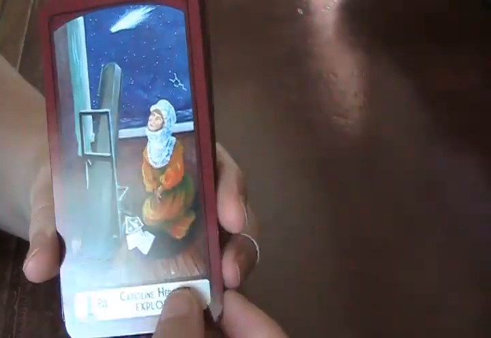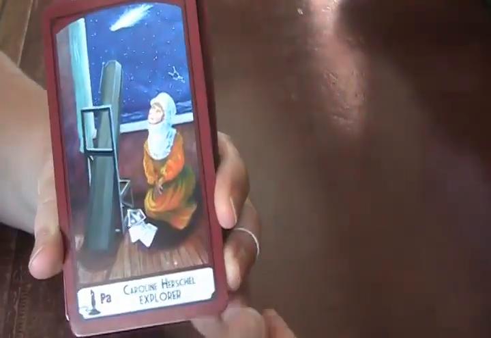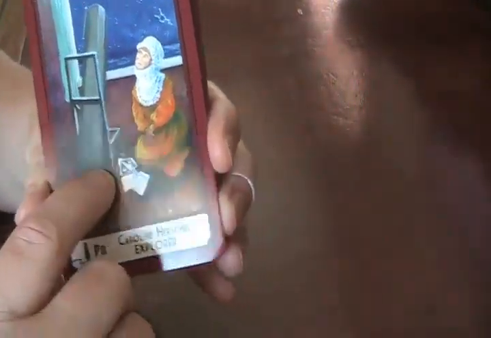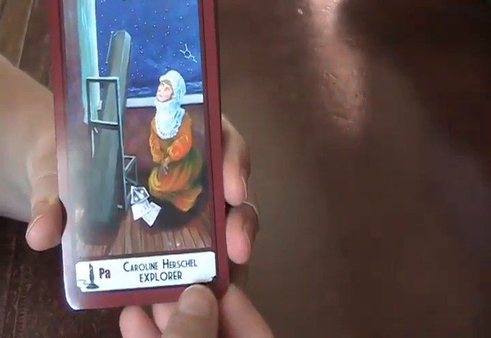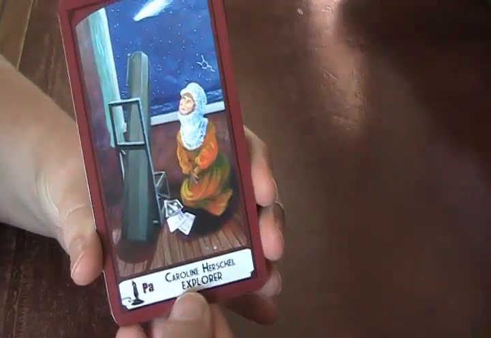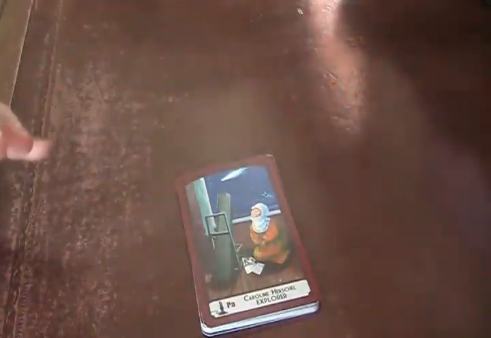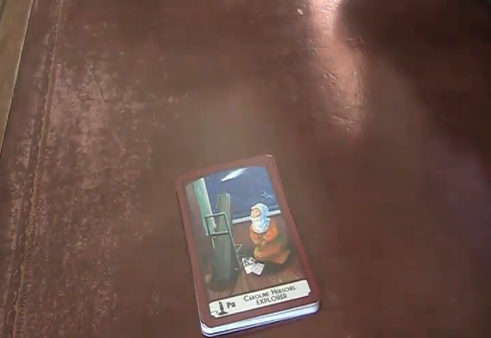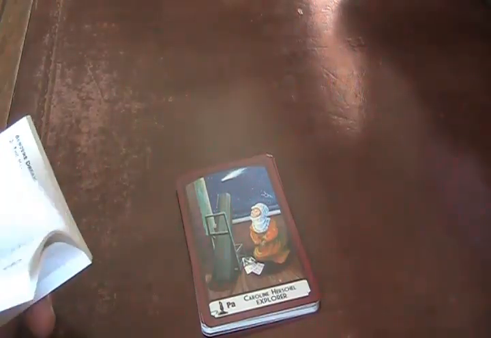I've never heard of this scientist before, but she's got a telescope of some sort, and it looks like a comet. Did she discover a famous comet? I'm going to have to look right now. These comets are freaking amazingly scary.